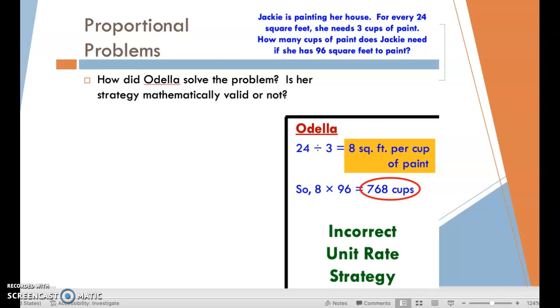So 8 times 96 equals 768 cups. She's using the unit rate strategy, but in this case, it's incorrect. Hit pause and identify where she went wrong, looking at the story problem and her equations.